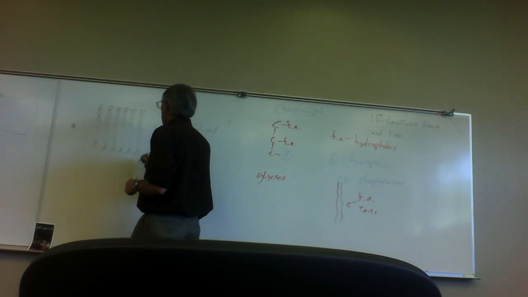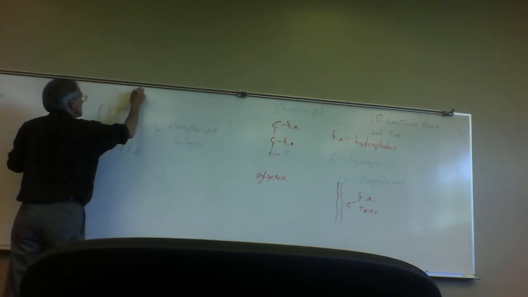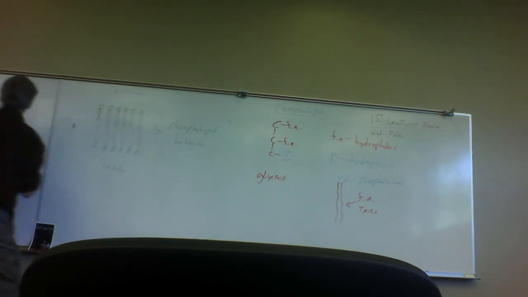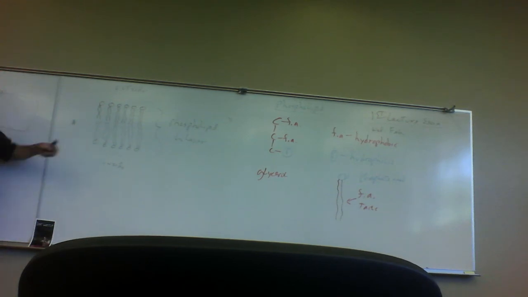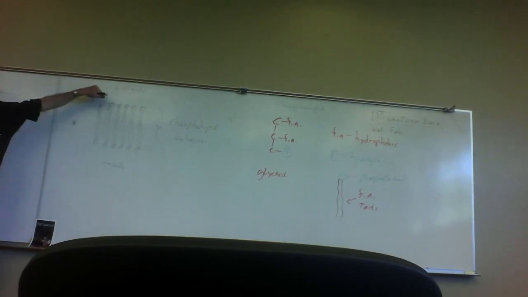We'll say this is the outside world out here, the outside of the cell. We'll say this is the inside. And I'm just taking a little piece of it right here. So here's the outside, here's the inside. And in that little piece, you can see those phosphate heads on the inside are facing water. The phosphate heads on the outside are facing water.